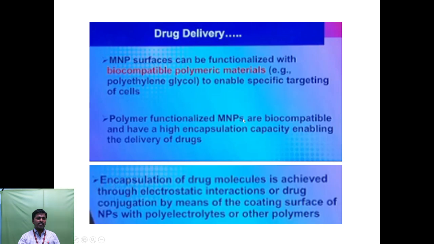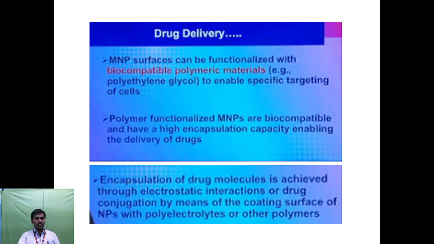So metal nanoparticle surfaces can be functionalized with biocompatible polymeric materials, for example, polyethylene glycol, to enable specific targeting of cells. Polymer functionalized metal nanoparticles are biocompatible and have a high encapsulation capacity in enabling the delivery of drug.